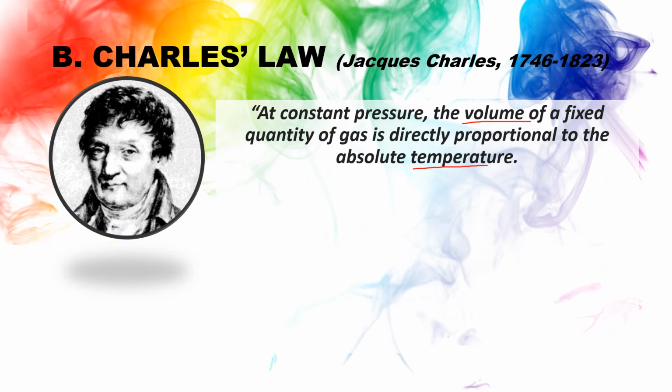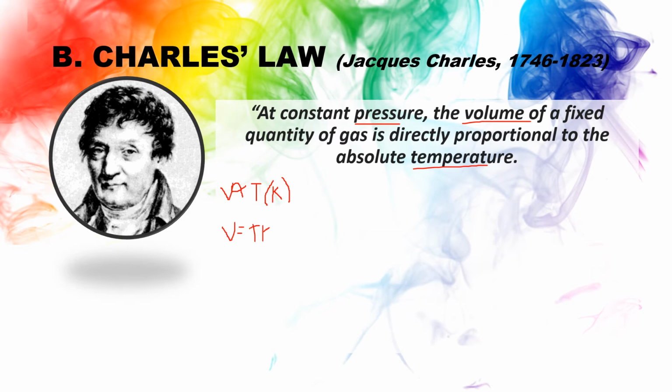The constant is pressure. So again, mathematically, we write it as volume is directly proportional this time to temperature, and introducing our constant K, which is the pressure. So V therefore is equal to T times the constant K.